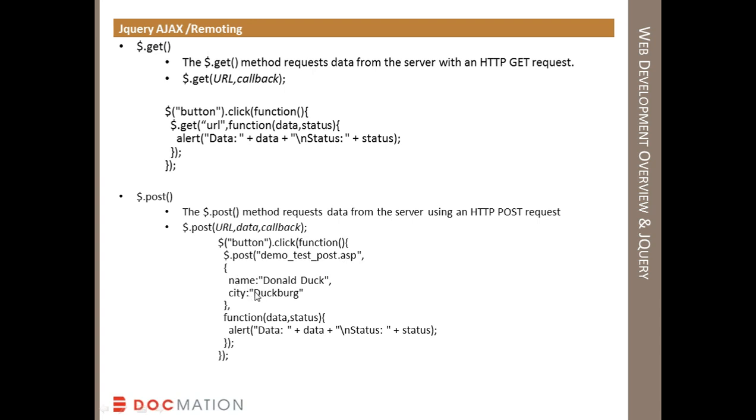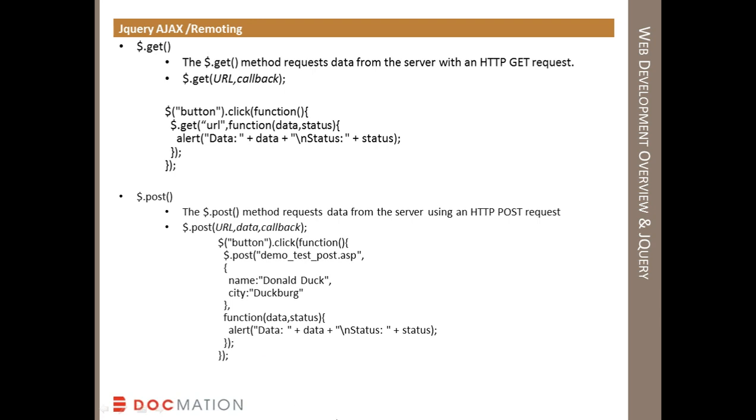Just like login ID, I'm sending in name, comma, city, and this information will be sent as name value pairs. Name is Donald Duck, city is whatever. And when this function is invoked successfully on the server side, this function on the client side would be invoked after the processing is completed.